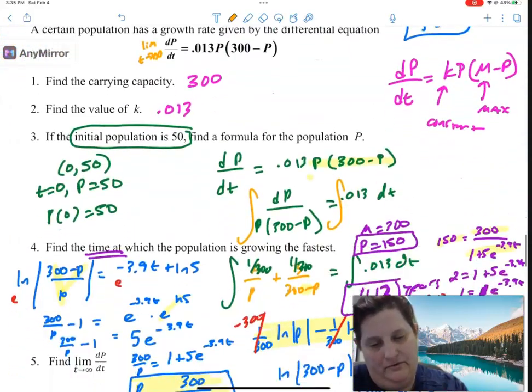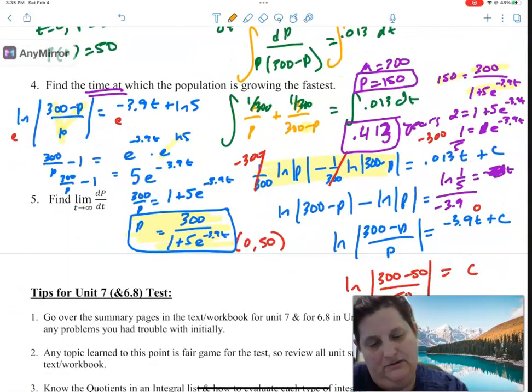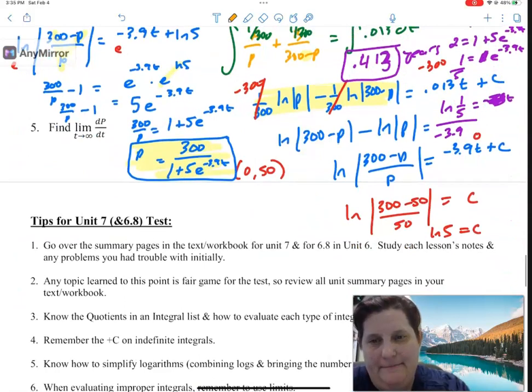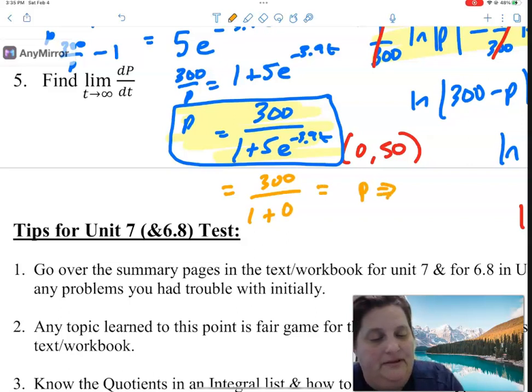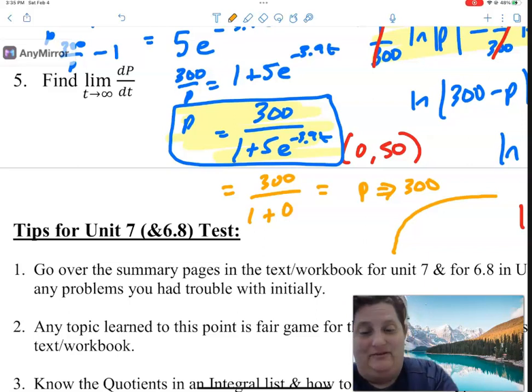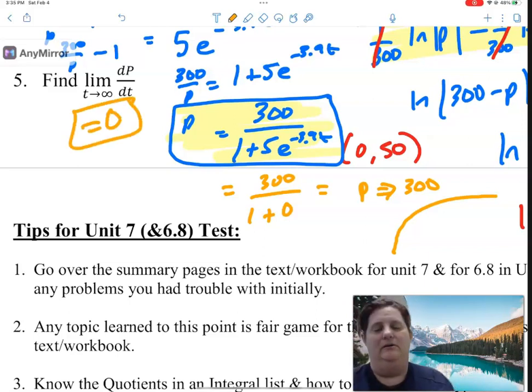The growth rate. Yeah. Okay. If we look over here, you guys, as time approaches infinity, it's going to become 300 over 1 plus e to the negative infinity, which goes to 0. So the population is going to approach 300. And what's happening is it's going like that, and it's leveling off at 300. So what's the rate of change of the population? Well, if it levels off, the rate of change is 0. I guess I just wanted you to think about that.